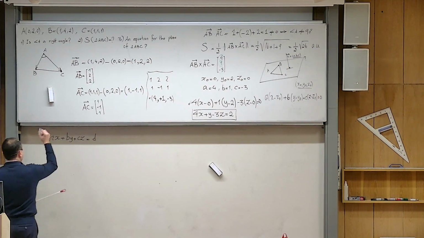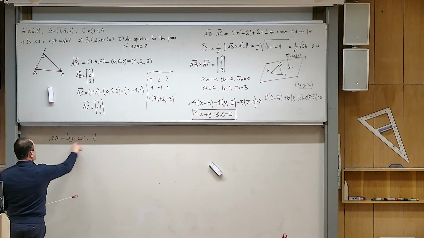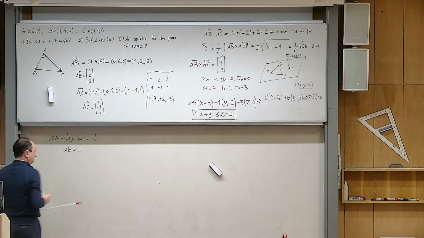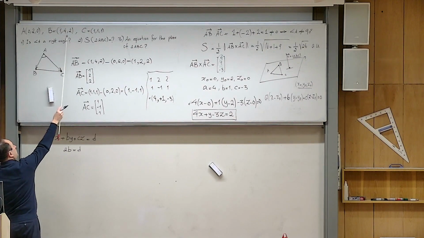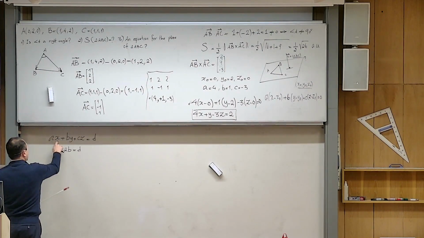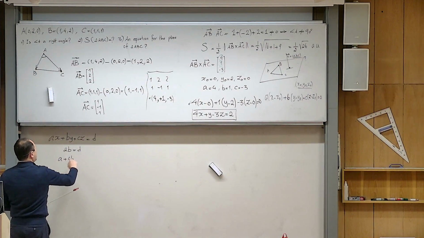Okay. So for A, I replace x with 0, replace y with 2, and replace z with 0. What do I get? I get 2b is equal to d. And I do it once more for 1, 4, and 2. So I replace x with 1, y with 4, and z with 2.